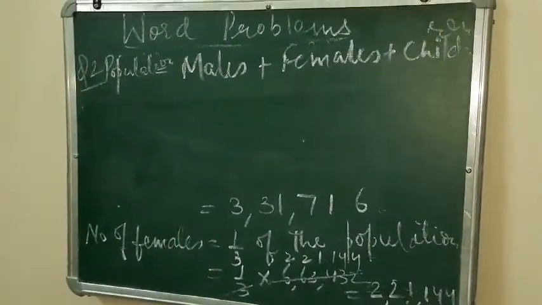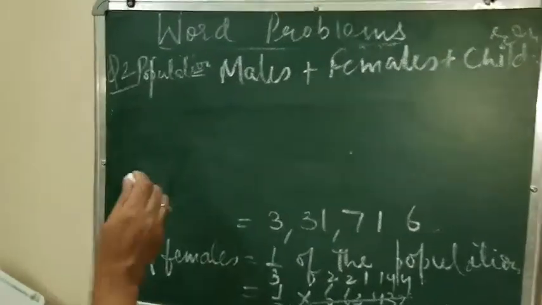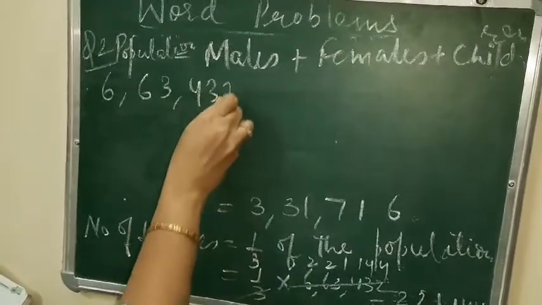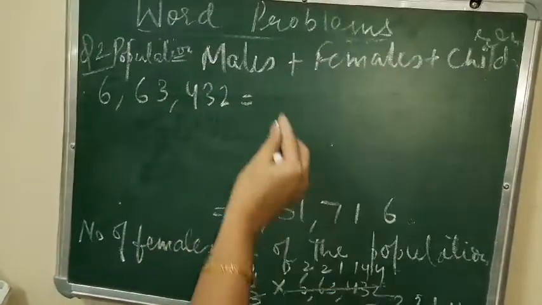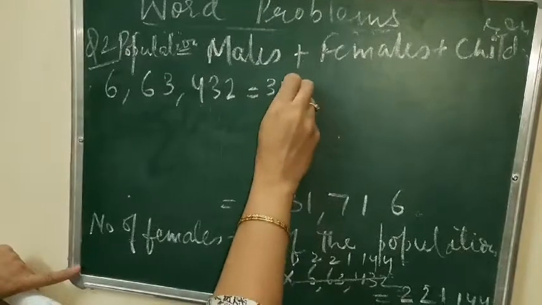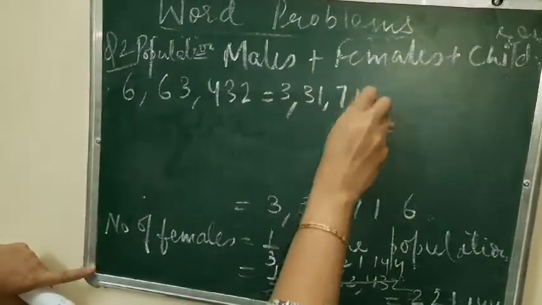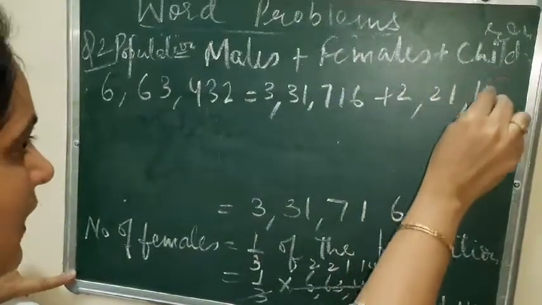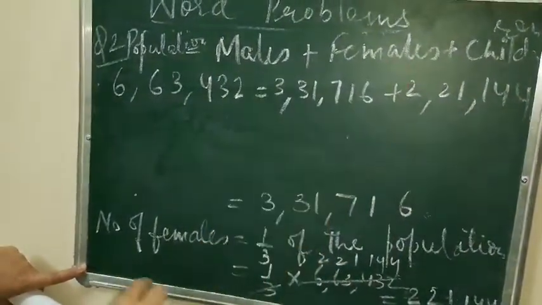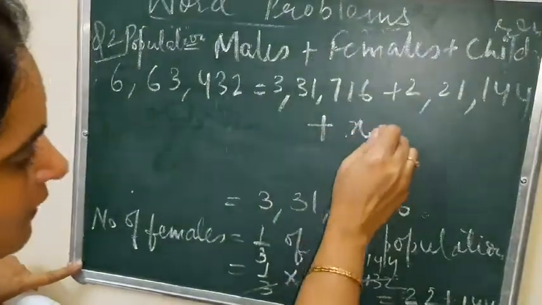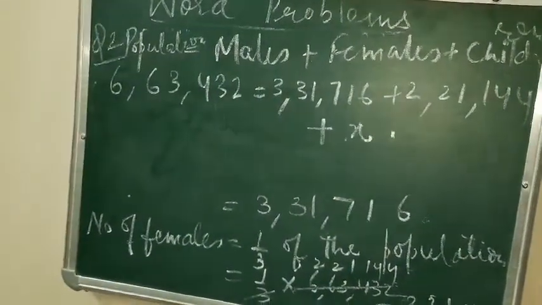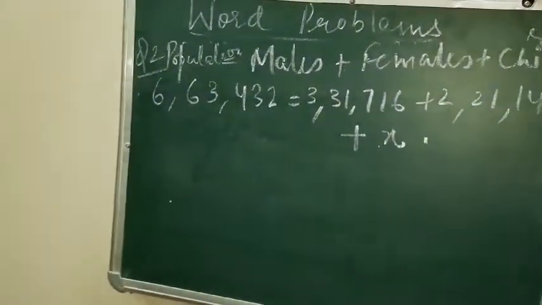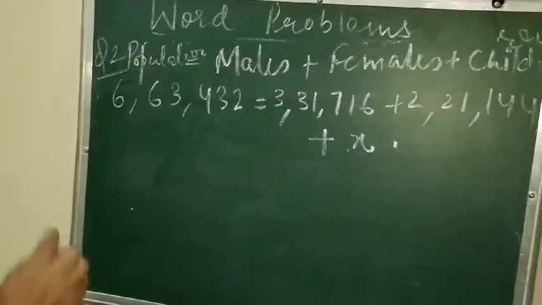Now, population was given 6,63,432. Males we have just found, 3,31,716. Females are 2,21,144. Now number of children you don't know, so let those number of children be X. Is it clear? We have framed an equation. Population is equal to number of males plus females plus children, and we have just put the values.